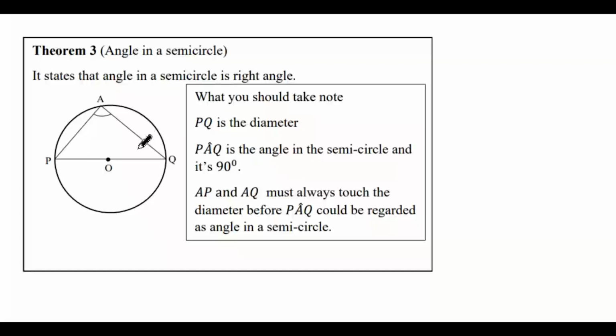Okay, so that is what you should do, because I could construct another angle here from here. Then let's take another one from here. One of the mistakes students used to make is that they will take this to be an angle in a semicircle, which is wrong.